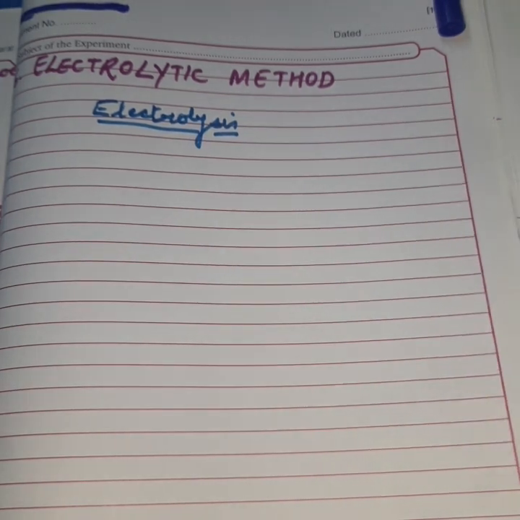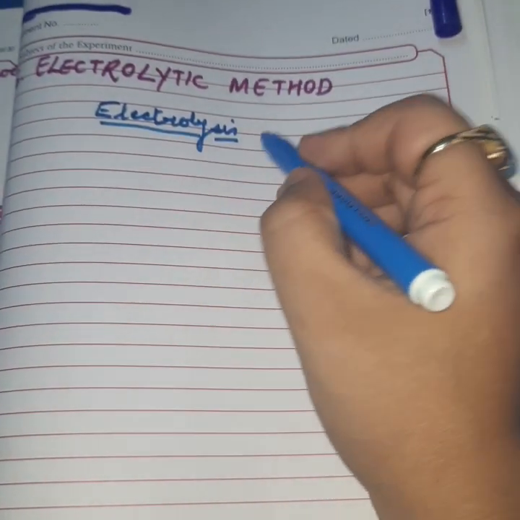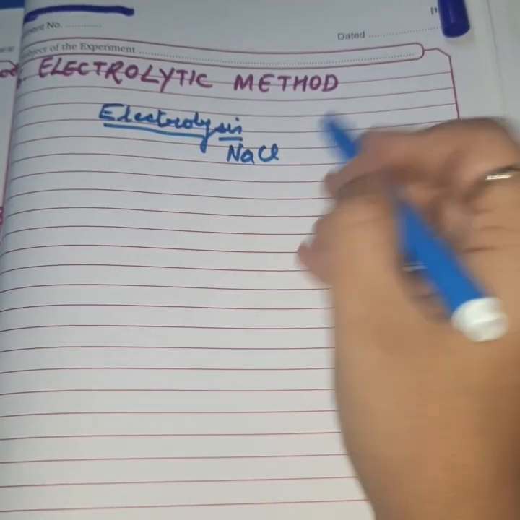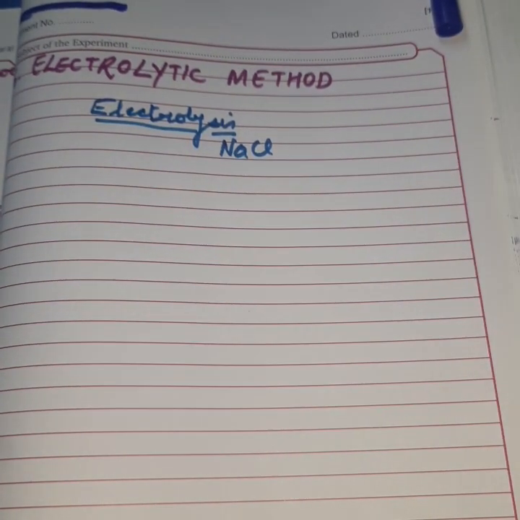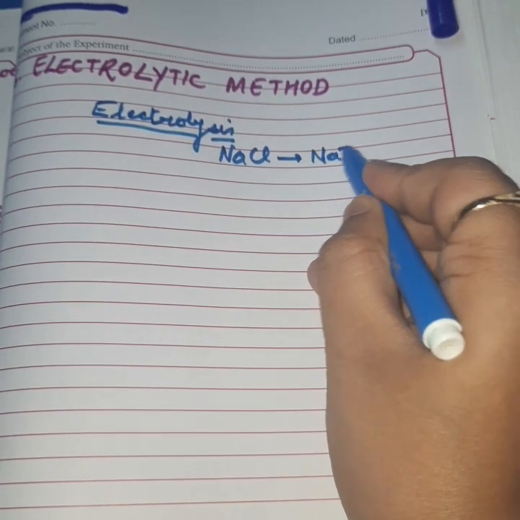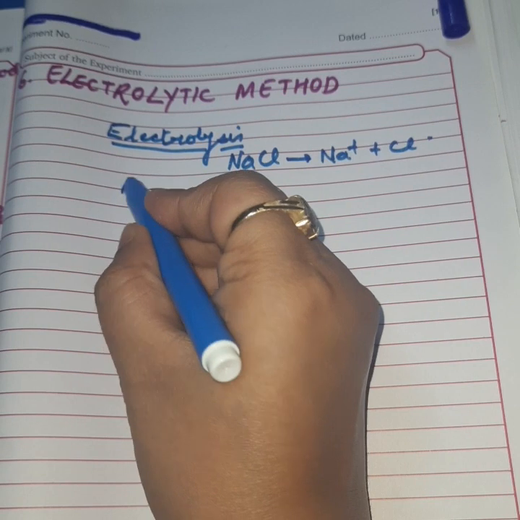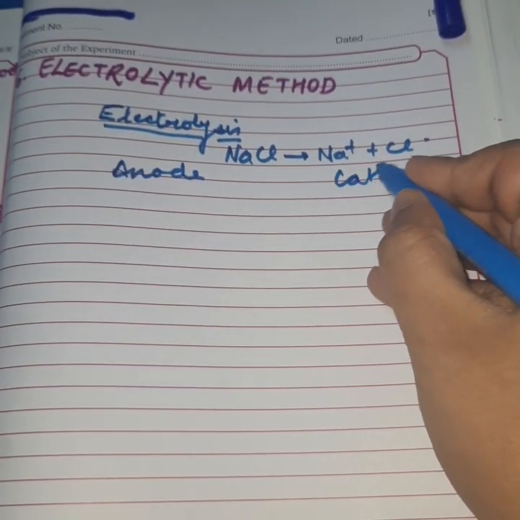So electrolysis is a chemical change, and we know that during electrolysis, if I take the example of NaCl, any compound which is taken in the aqueous state or in the molten form, on passing electric current dissociates into ions. Not only does it dissociate into ions, these ions migrate towards respective electrodes.